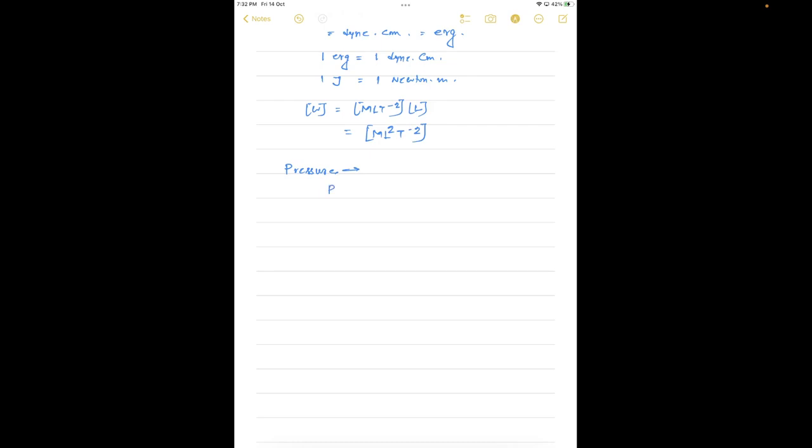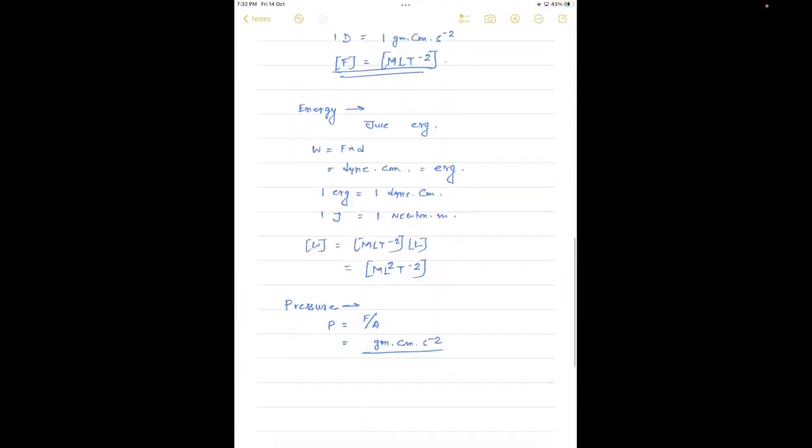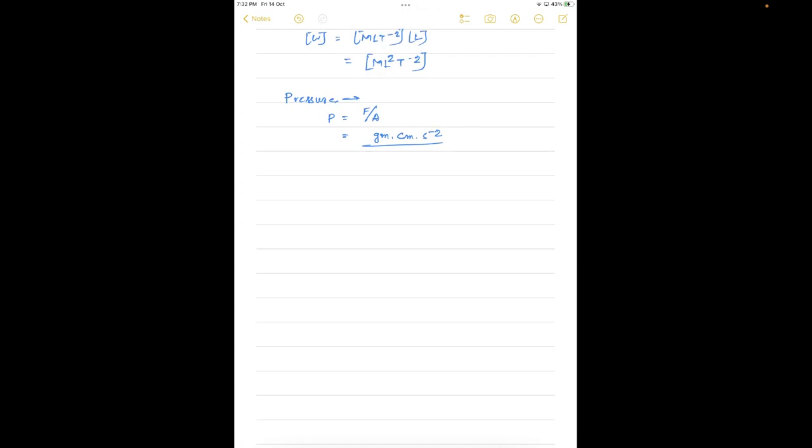We know that the pressure P equals force per unit area, F upon A. So the unit of force in CGS is gram centimeter second minus 2, divided by area, and the unit of area is centimeter square in CGS or meter square in SI. So in total it will be gram cm minus 1 second minus 2.